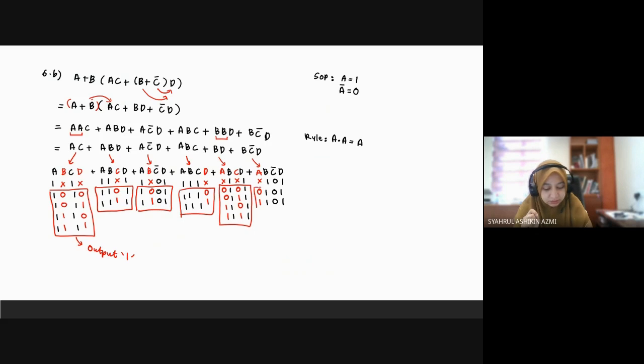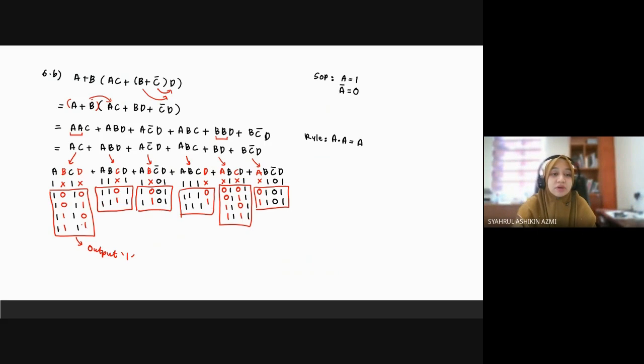Again, like I mentioned previously, if you have similar input combinations, such as 1, 1, 1, 1 appearing here and also here, just consider only one input combination in order to write up your standard SOP form, or to put it in the truth table.